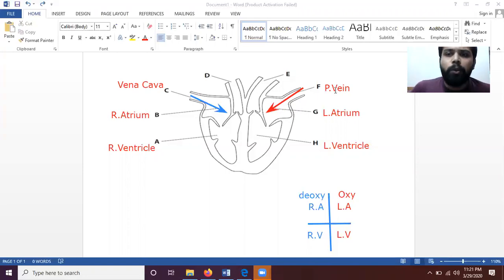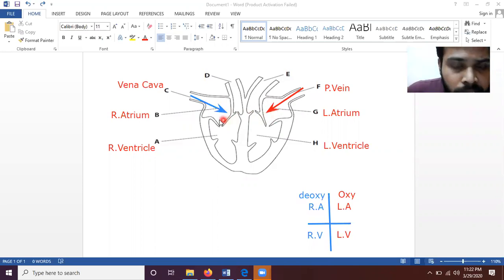All right, so what happens, both the atrium are getting filled with the blood. At that time, you can see these are your valves. These valves are getting closed so that the atrium can get filled with the blood. When the atrium are filled with blood, at that time we have atrial systole. Atrial systole means the atrium contract.